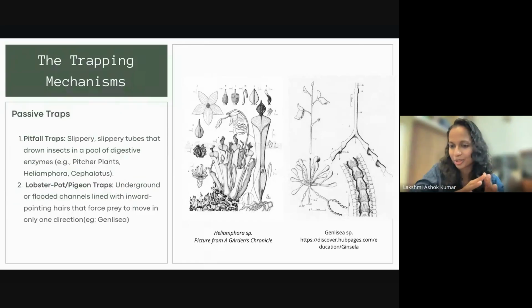It pushes itself, and once it's inside, it is finished. It cannot come out, because the whole wall of these pitchers has downward facing hairs. That makes it more slippery, and they are unable to walk back, and it cannot fly in a narrow tube. It cannot use its wings to fly away. Generally, they can easily come inside, but cannot go outside.